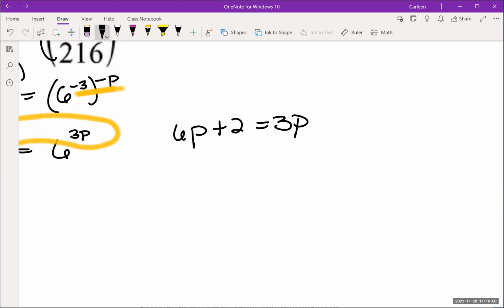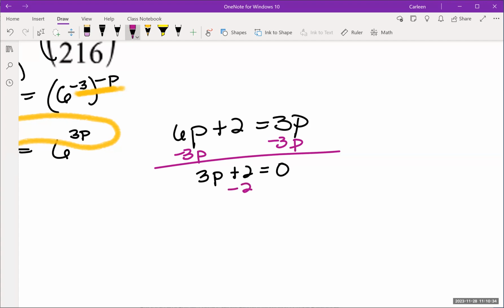You know what? I'm gonna do it this way. Minus 3p. 3p plus 2 is equal to 0. Instead, you could move the 6p and it would be 1 fewer step, but they're going to be negative.